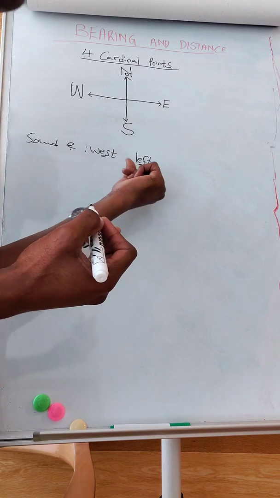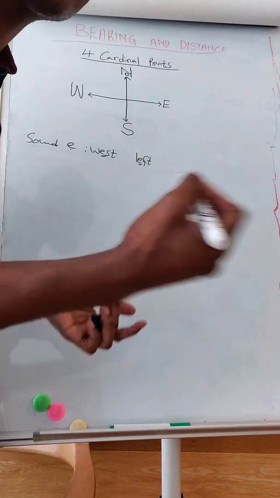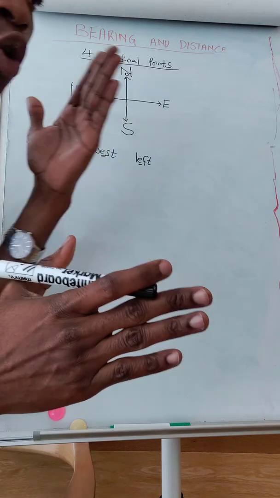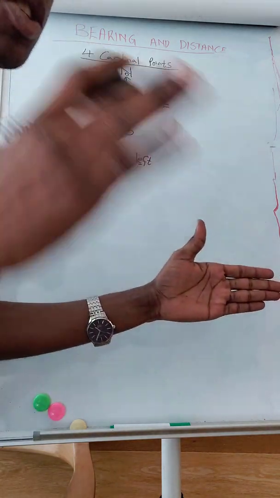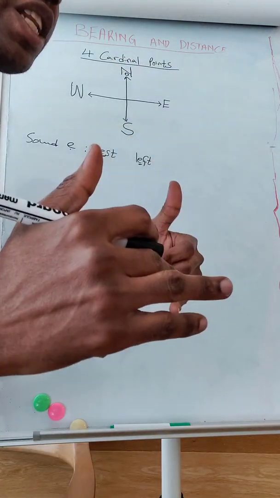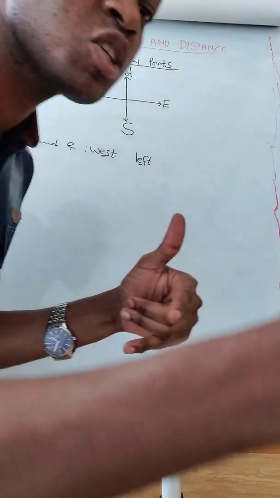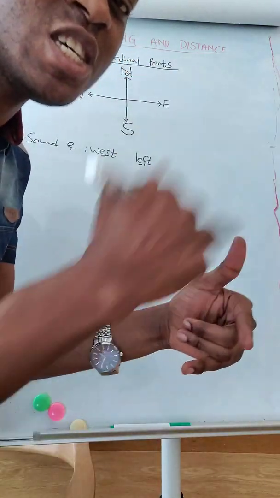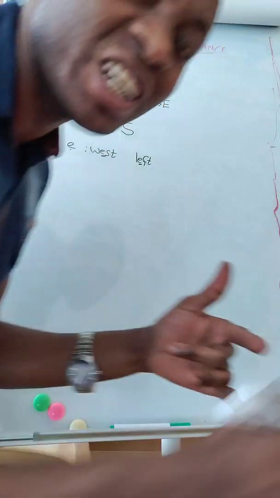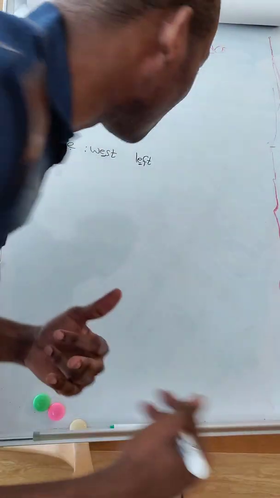Air. I also use this method to differentiate between the blood vessel that carries oxygenated blood and deoxygenated blood. Vein carries deoxygenated blood because of the E, while arteries carry oxygenated blood.